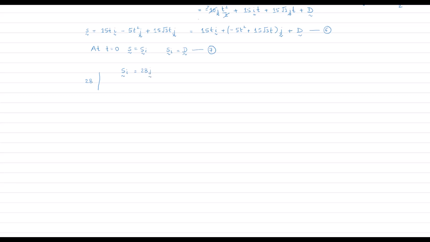Yeah, so it's above the ground, so I'd consider it along j. So maybe I call it as number 8. Therefore, 7 and 8 represent the same thing, which is the initial displacement. So 7 equal to 8 will give me the value of d, and that d is equal to 28j.